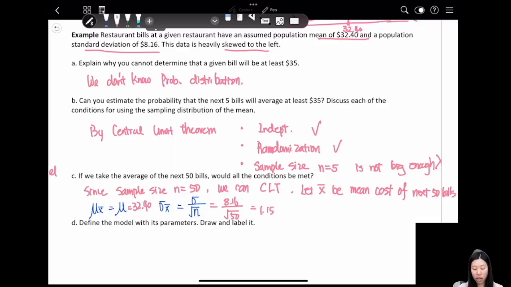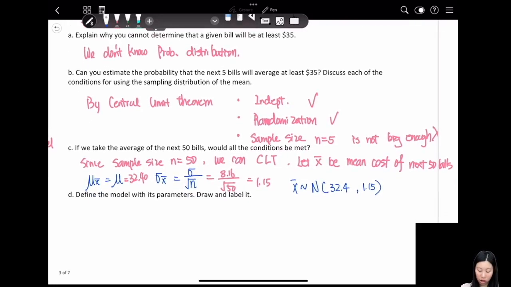So X bar follows a normal distribution with the mean $13.40 and sigma equal to $1.15. I think we already answered the question from D: define the model with its parameters and draw it.